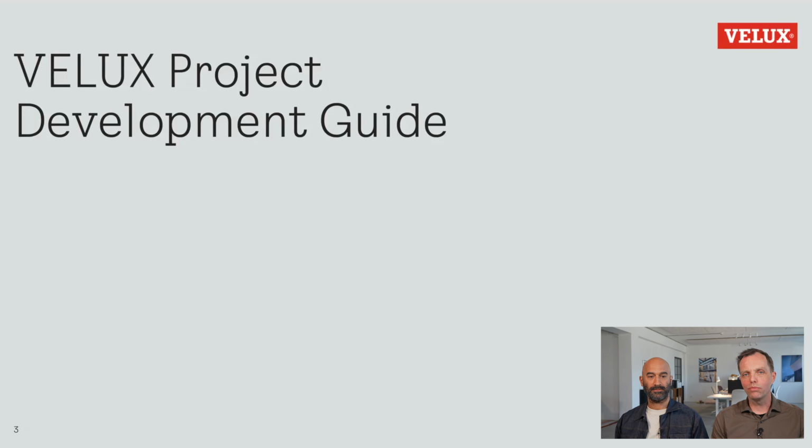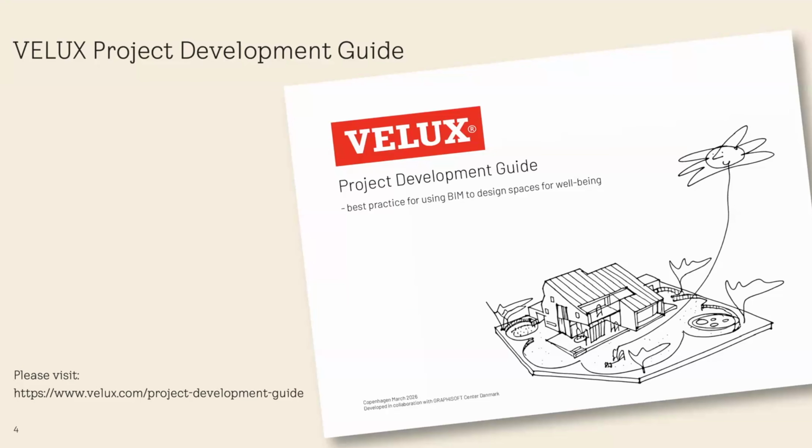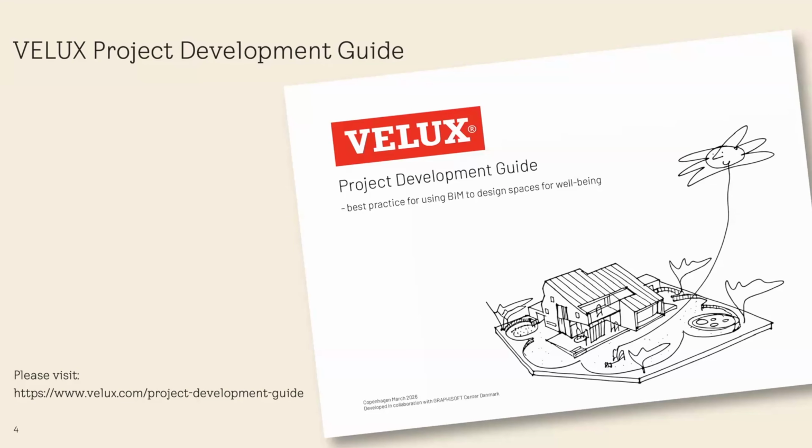So just to zoom out a little bit, the VELUX Project Development Guide is a guide that we're trying to develop right now. So it's a work in progress. It's a project that's been built in real life. And we try to remake the documentation so we can show the whole workflow from early sketching through detail and documentation using BIM as the main tool.